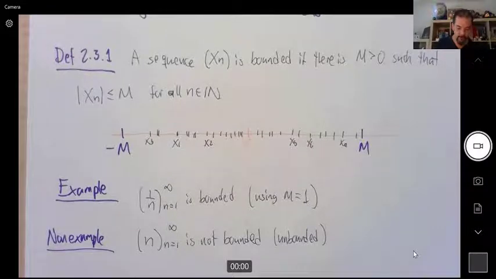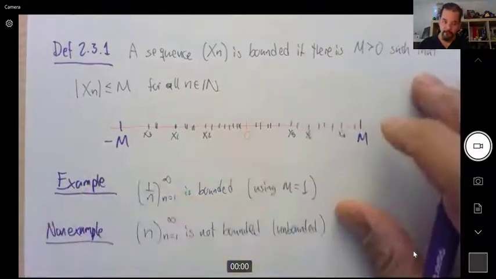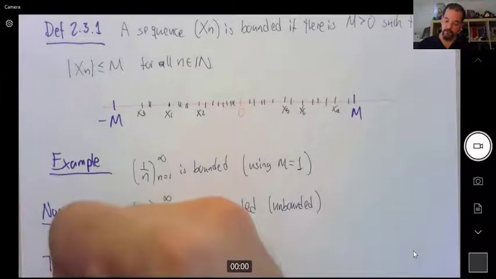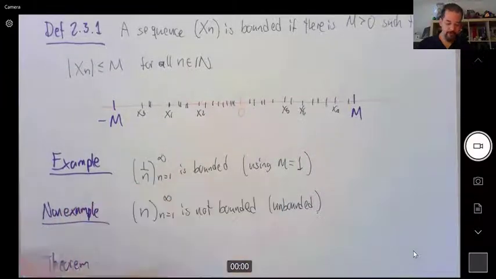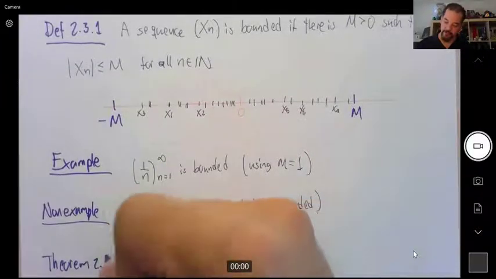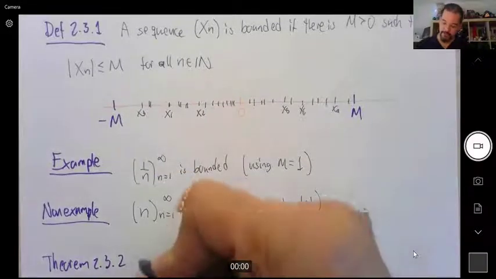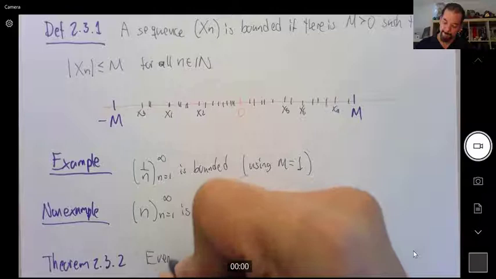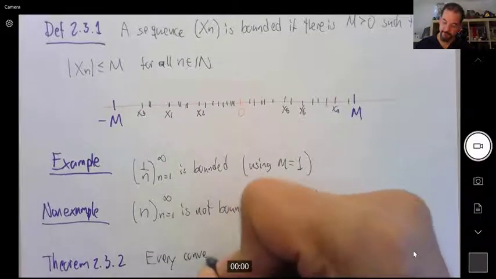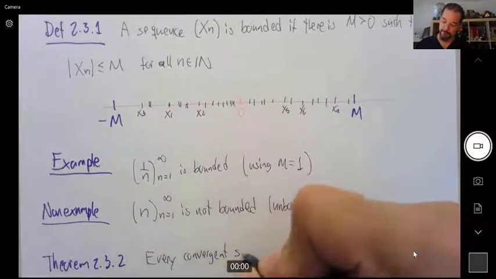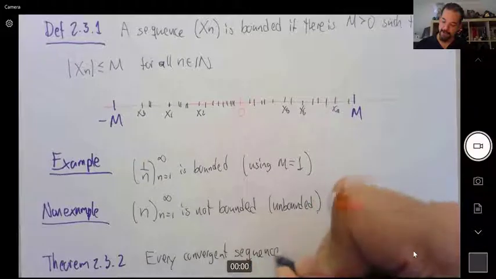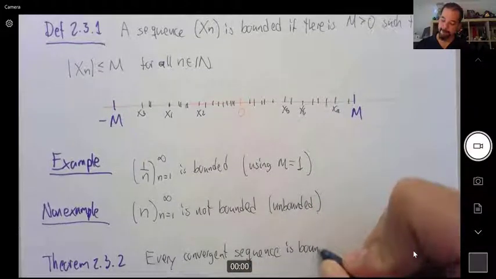All right, and then let's at least write down the statement of this theorem. Maybe we'll start the proof, maybe we won't, because we'll run out of time, but let's see. So this is theorem 2.3.2, and it says the following: every convergent sequence is bounded.